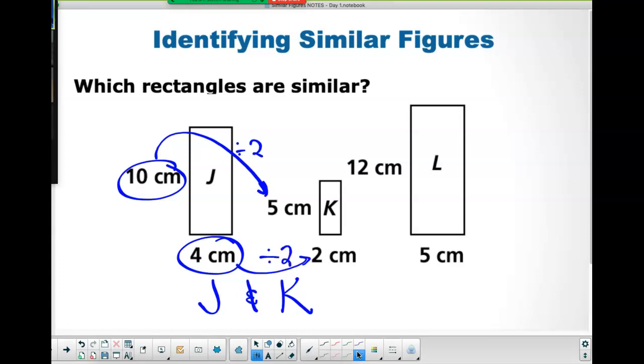That would not work on the other one. If I put 10 over 12 and 4 over 5, those are not equal. Okay, they're not proportional. But 10 over 5 and 4 over 2 are proportional. So J and K are similar figures. Questions there?